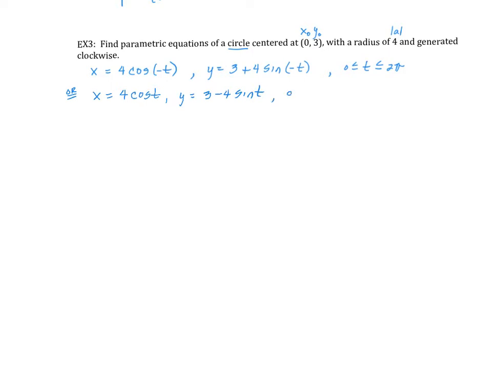My t values would still be the same from 0 to 2 pi, and you have to put your t values down here if it says that it's just a circle. You have to have your starting and your ending t values. So again, you can double check, plug this in a calculator, see if you still get a circle that's generated clockwise.